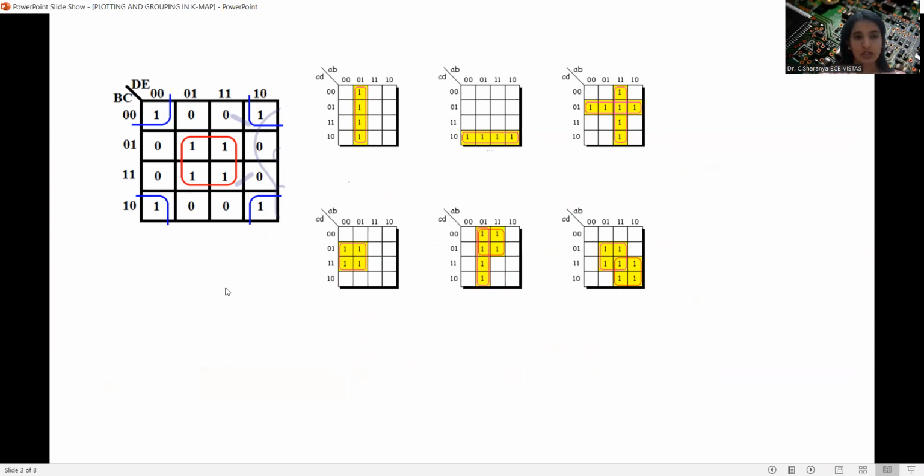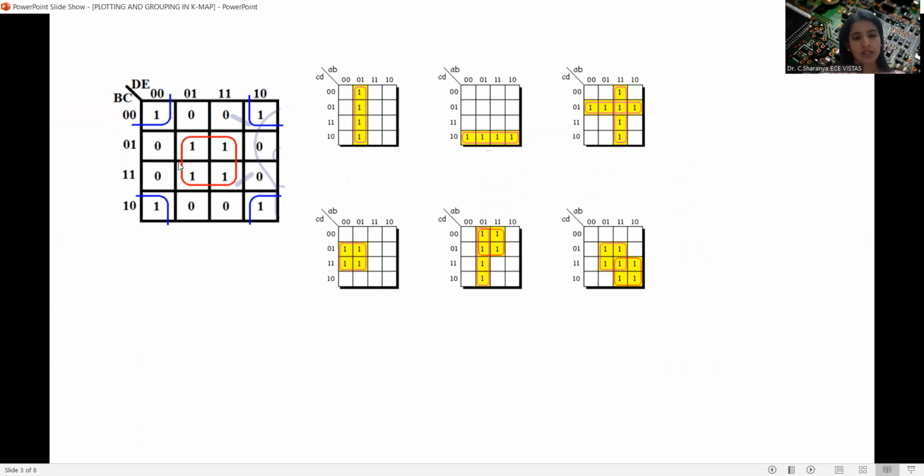Let me first tell you, grouping usually takes place in powers of 2: 2 power 0 is 1, 2 power 1 is 2, 2 power 2 is 4 ones, 2 power 3 is 8 ones, or 2 power 4, that is 16 ones altogether. You cannot group 3 ones or 6 ones together, right?